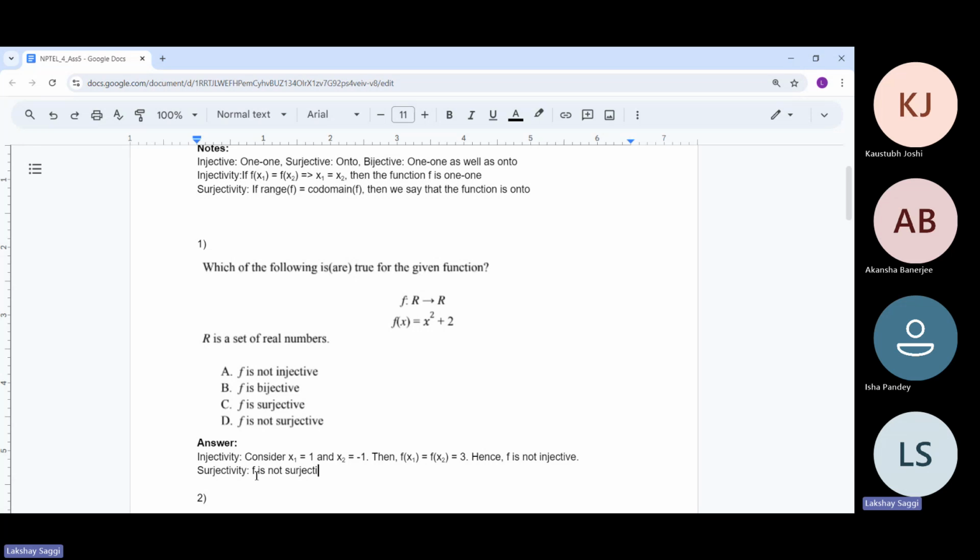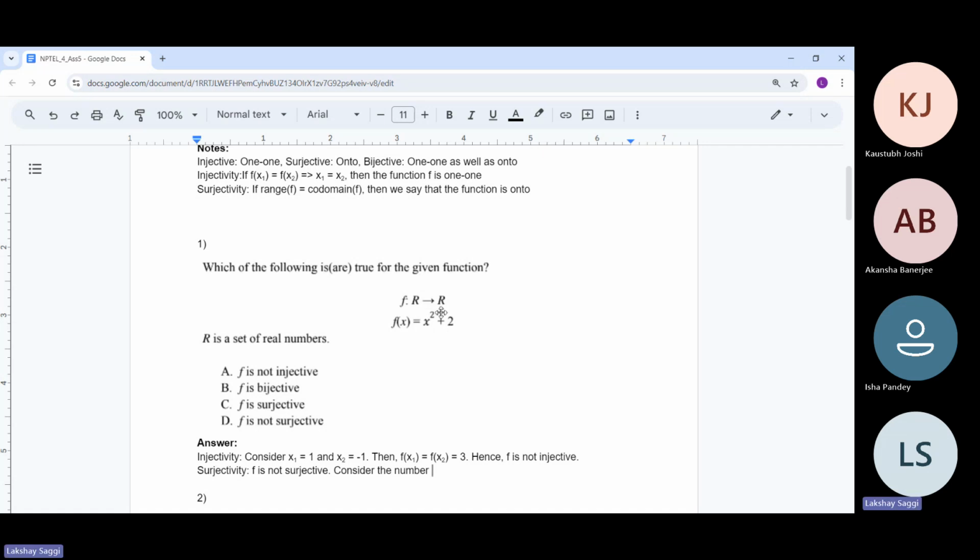The high level idea is, note that the only possible values which the range can take are of the form a perfect square plus 2. f is from R to R, but the range will be basically of the form x square plus 2.